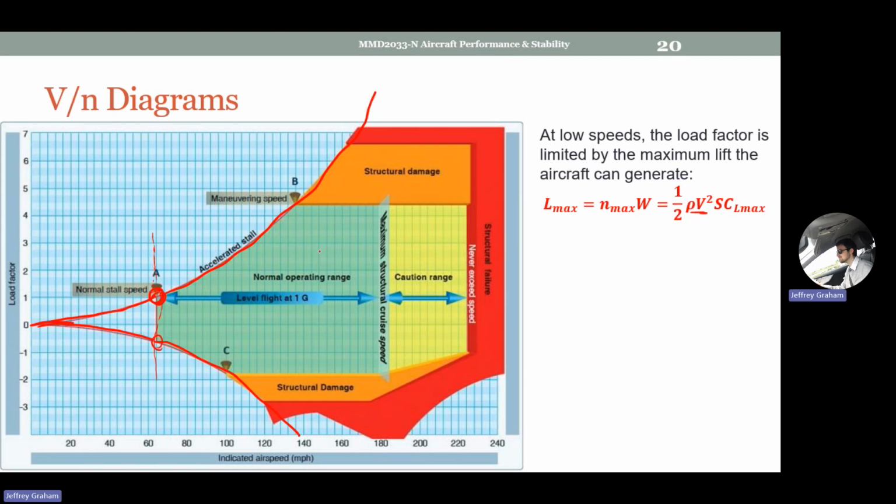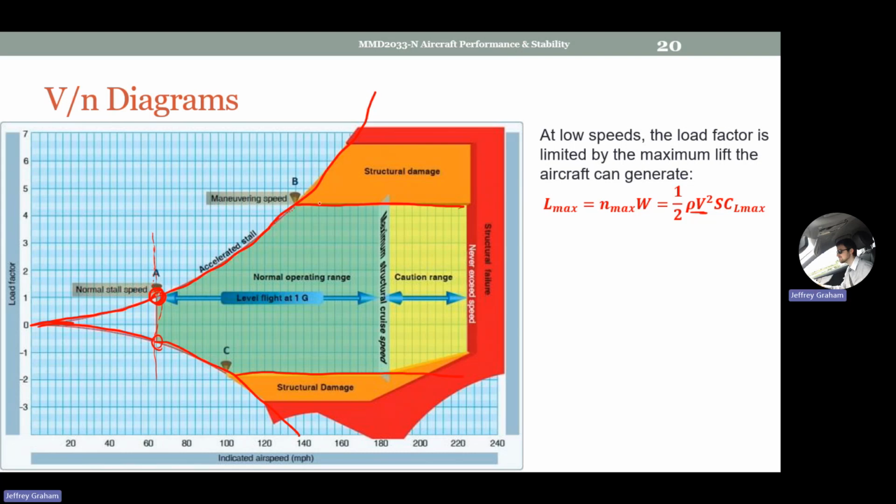Right. Once you get to a particular point, you notice as you start to bank the aircraft, for example, it will start to produce more and more G loading. There is a finite point in which we can operate. We'll do positive G loading or negative G loading.